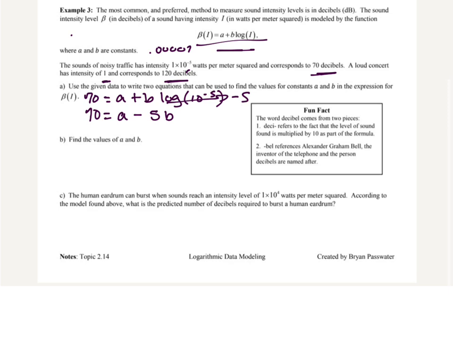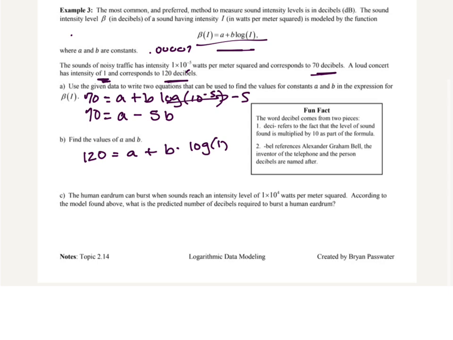Are you with me? Okay, so the other one has a sound intensity of 1 and corresponds to 120 decibels. So let's write that one. 120 equals A plus B times log of 1. What is log of 1? 0. Because it's answering the question 10 to the what power gives me 1? 10 to the 0 power gives me 1.